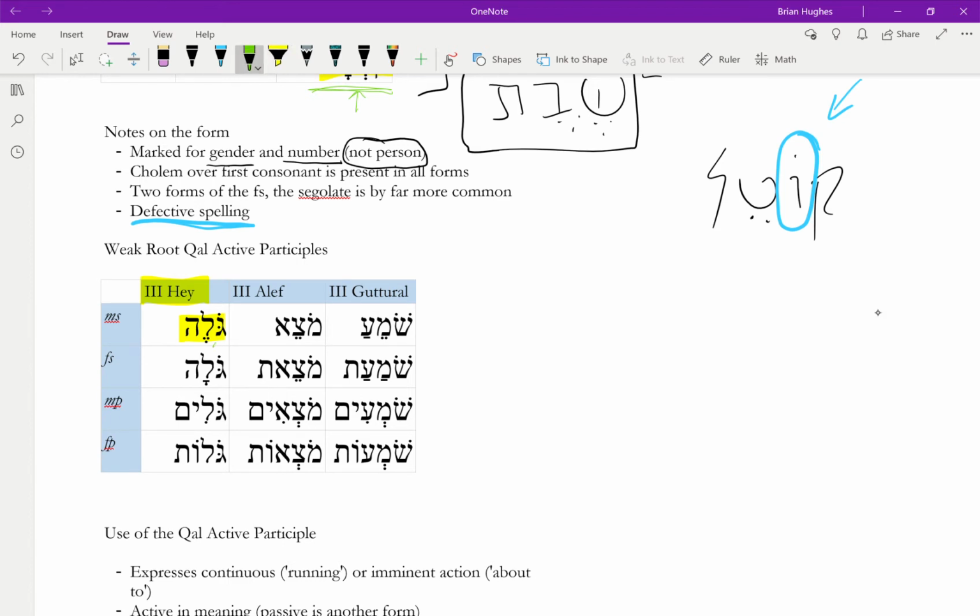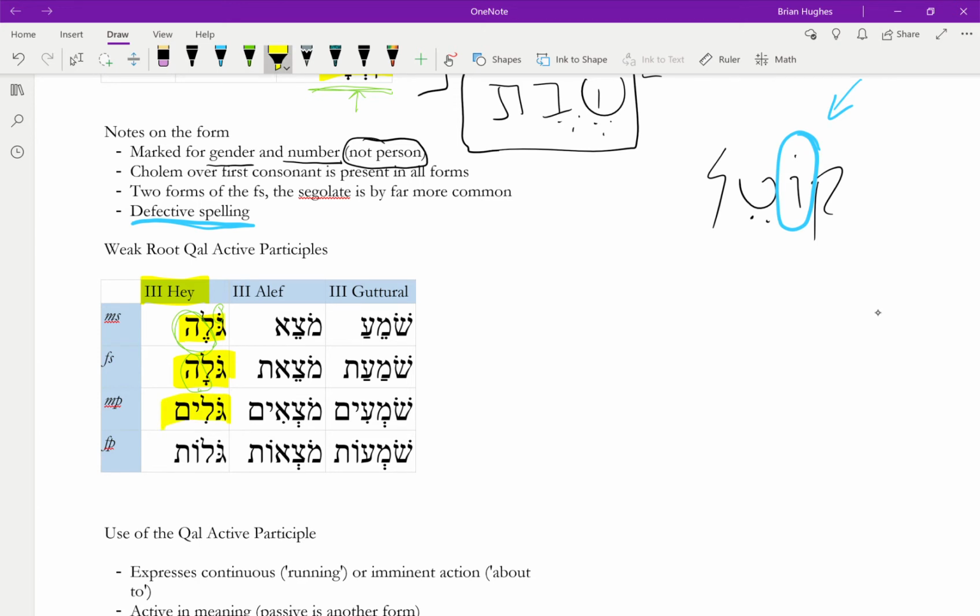This is that imperfect ending, but again, we still have the holem over the first root consonant that tells us we're dealing with a qal active participle. In the feminine singular, we get golah. Again, this is the feminine singular ending. The hey of the root is actually gone away. So this is the common hey of the ending.